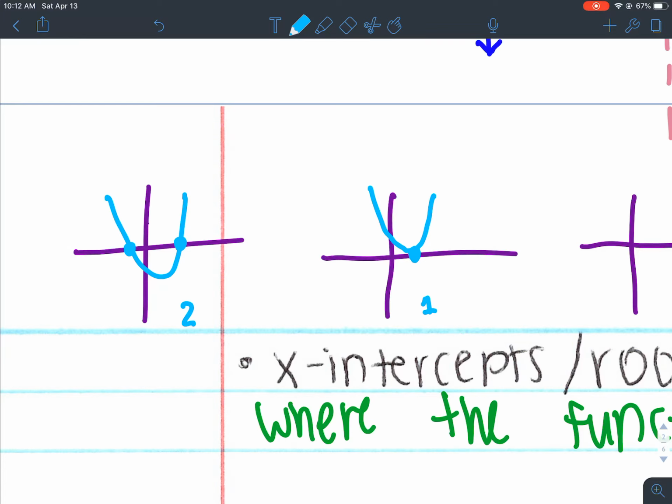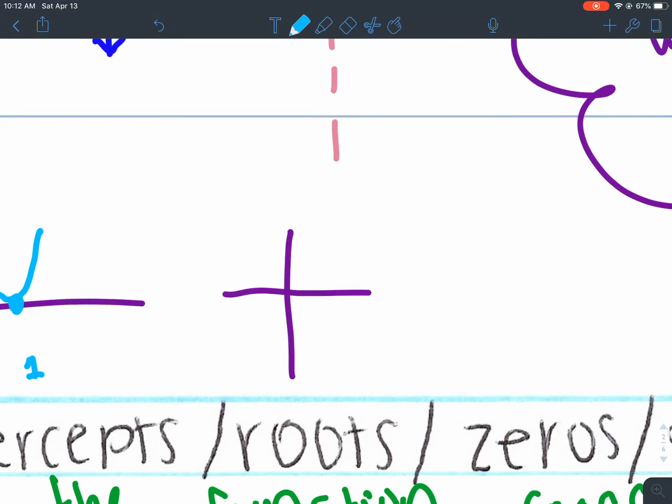No. It's not possible to have 3. So remember, when we had a line, like a straight line through our graphs, it only crossed the x-axis once. The highest exponent was a 1. For a quadratic, the highest exponent is a 2, so the most amount of solutions, or the most amount of x-intercepts, would be 2. Now let me ask you, is it possible for me to have 0 x-intercepts? Yeah.